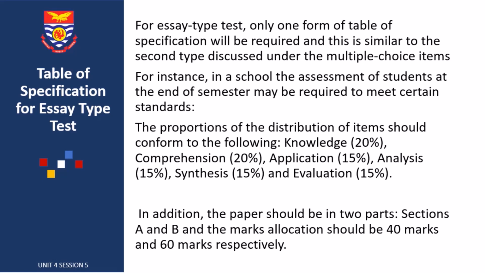Let's say knowledge is 20%, comprehension 20%, application 15%, analysis 15%, synthesis 15%, and evaluation the same, 15%. In addition, the paper should be in 2 parts, sections A and B, and the marks allocation should be 14 marks and 16 marks respectively.